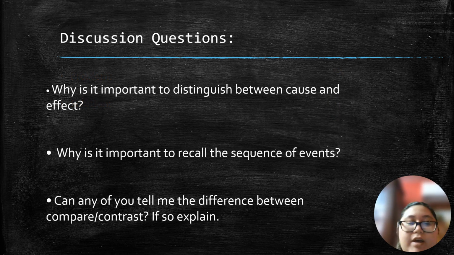Okay, I will be asking you some questions and I hope you can respond. Why is it important to distinguish between cause and effect? Okay, yes, that is very correct. Your next question. Why is it important to recall the sequence of events?